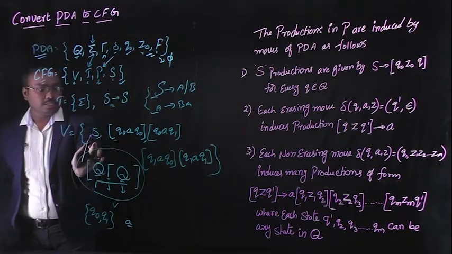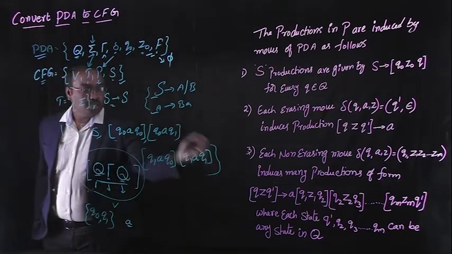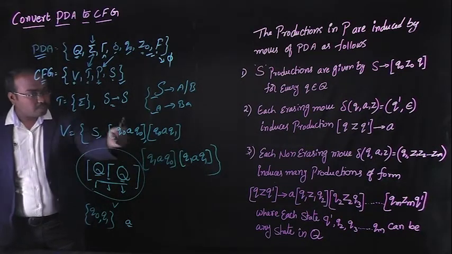S is the starting variable, and the possible variables are: Q naught A Q naught, Q naught A Q1, Q1 A Q naught, and Q1 A Q1. These are the different possible combinations of the variables.